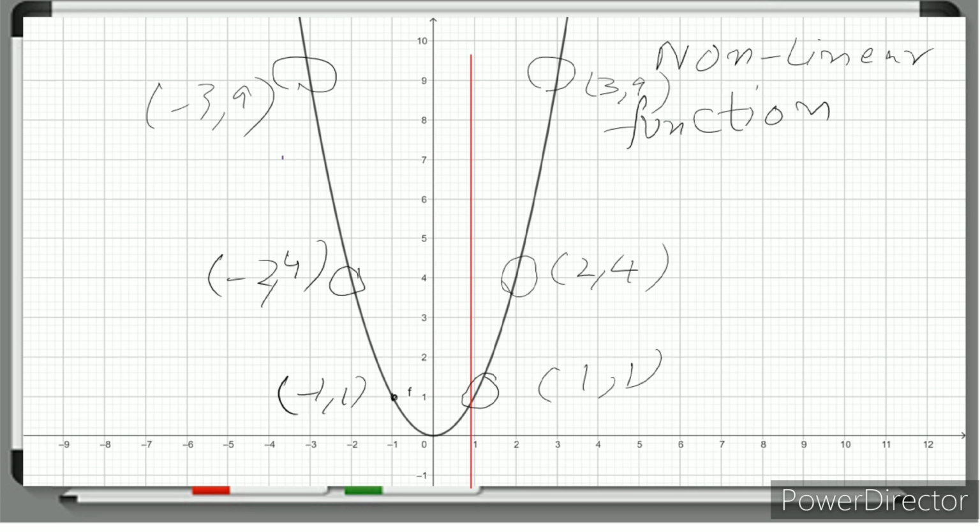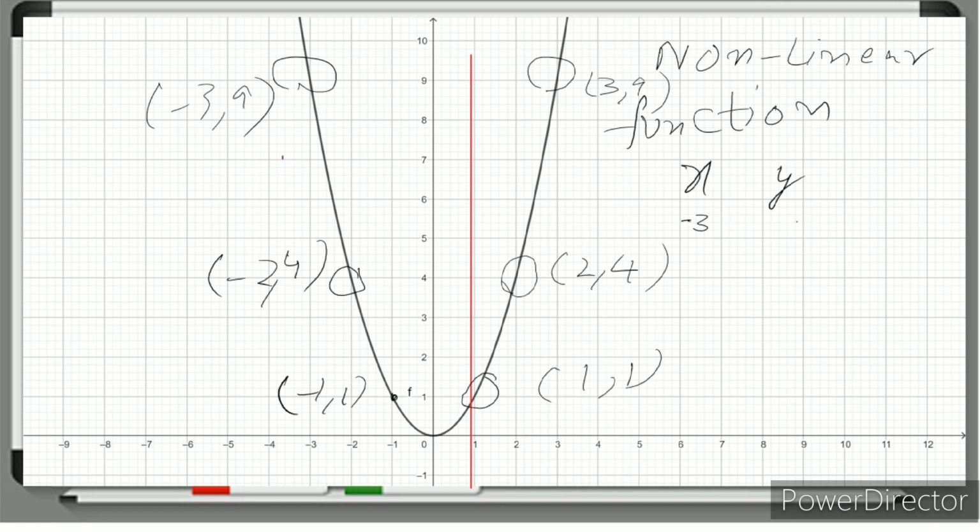What I want to show you here is, I will take the value of x, and here I will take the value of y. Suppose the value of x is -3, so I will get the value of y as 9.